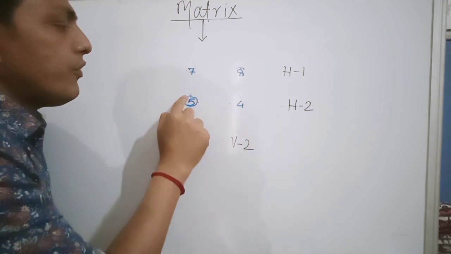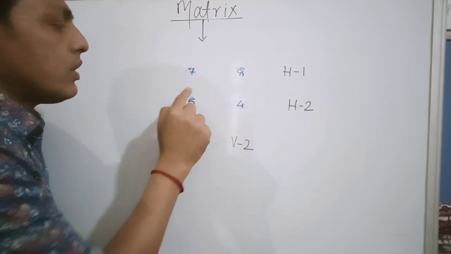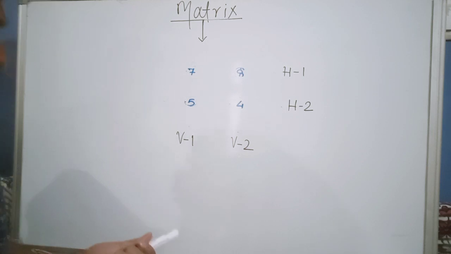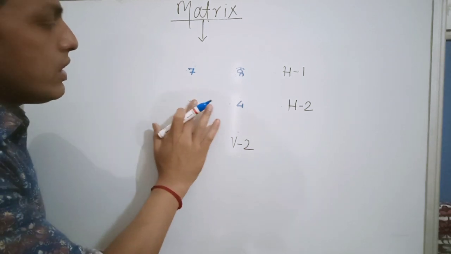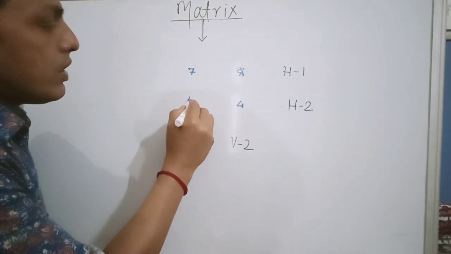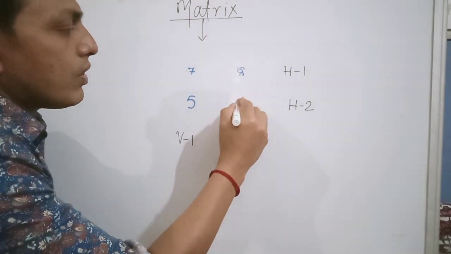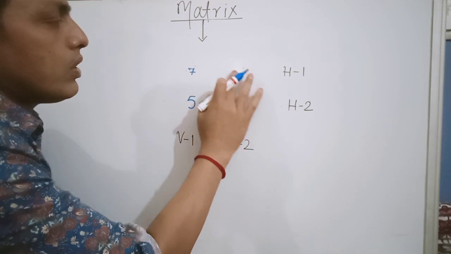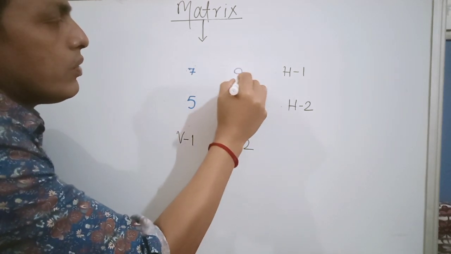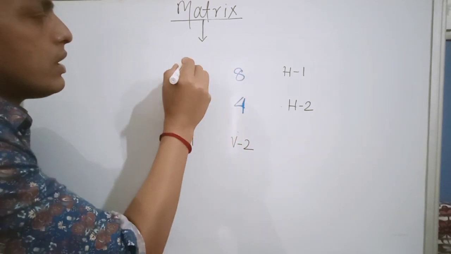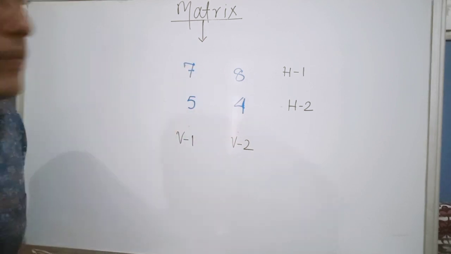We have left with the numbers only. So I am writing the numbers clearly: 5, 4, it was 8, and it was 7.